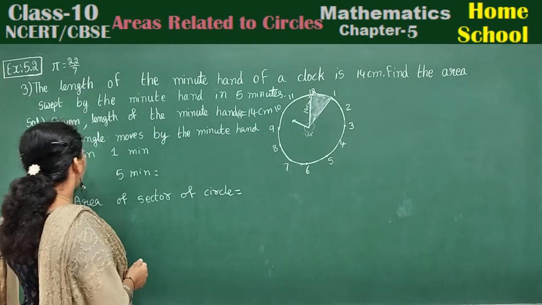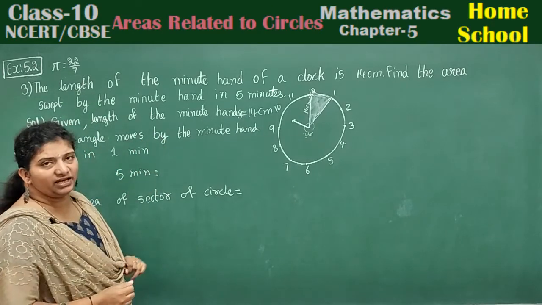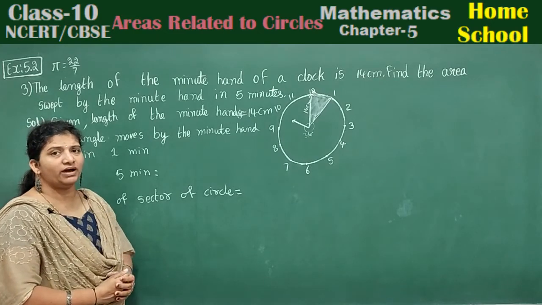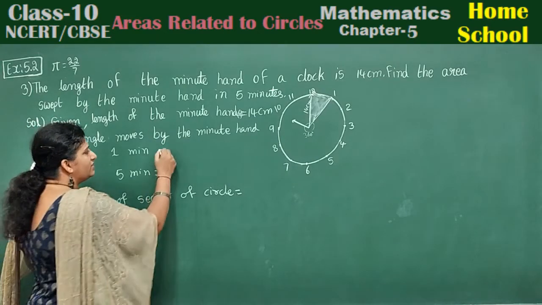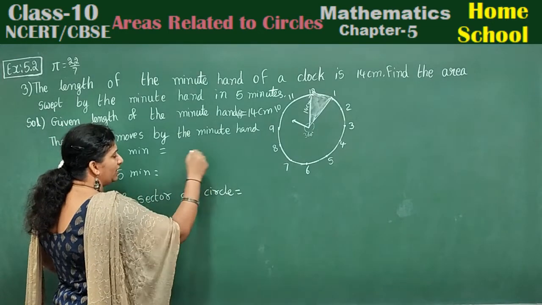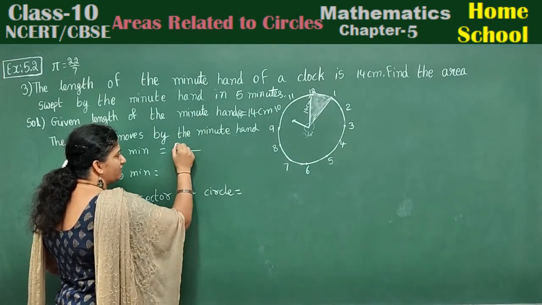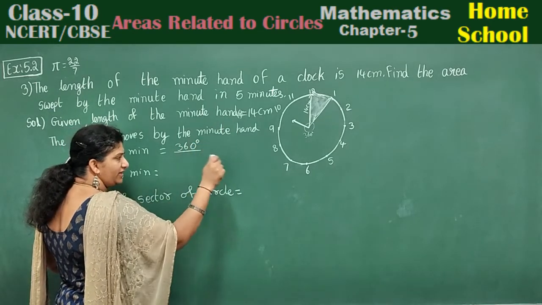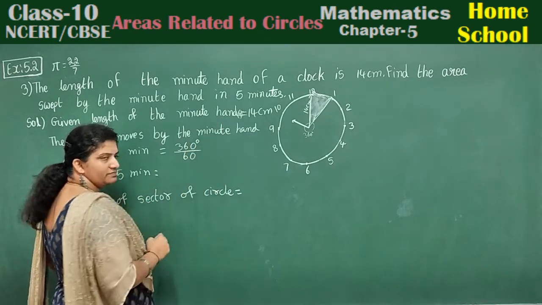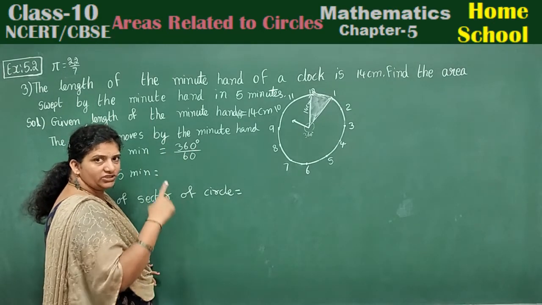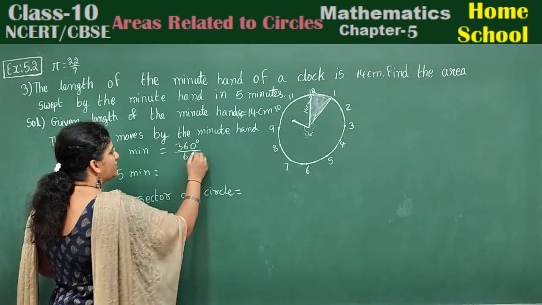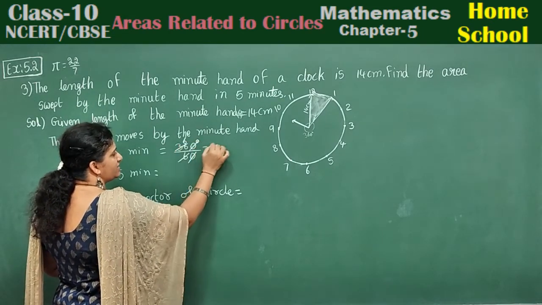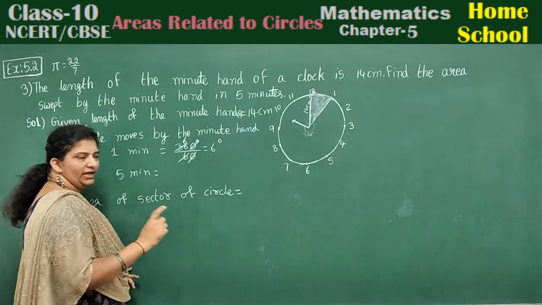The angle moved by the minute hand in 1 minute means the total complete angle at the center, 360 degree, by how many minutes? 60 minutes. To complete one rotation, it takes 60 minutes. So 0, 0 cancel, 6 6s are 36, that will be the 1 minute angle.